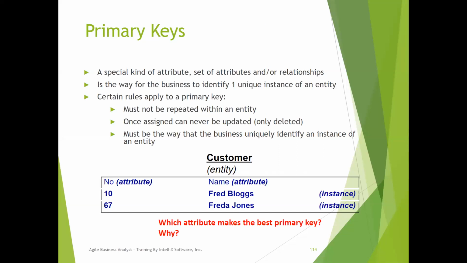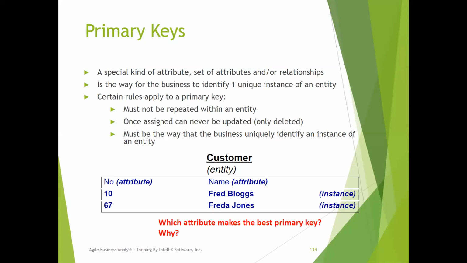They have to follow certain rules. Whenever you identify an attribute as a primary key, you have to guarantee that the attribute does not repeat across all the instances of that particular object.